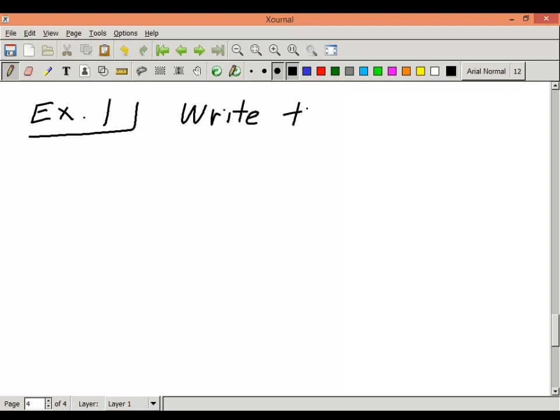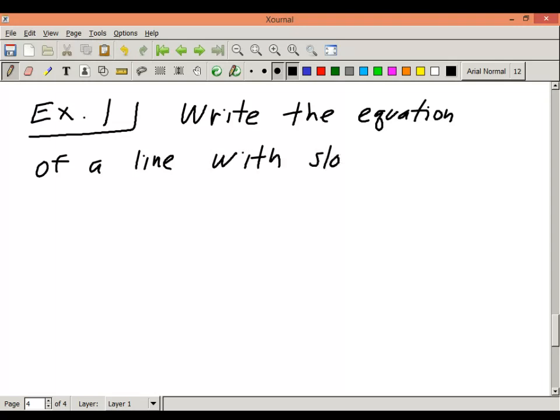So write the equation of a line with slope 3 and passing through the point 2, 1.